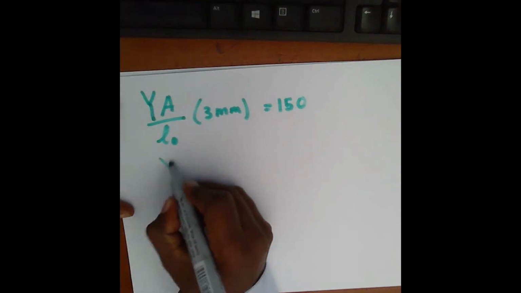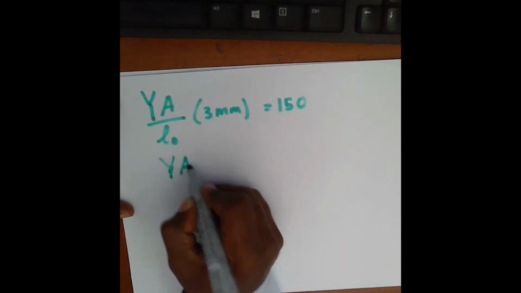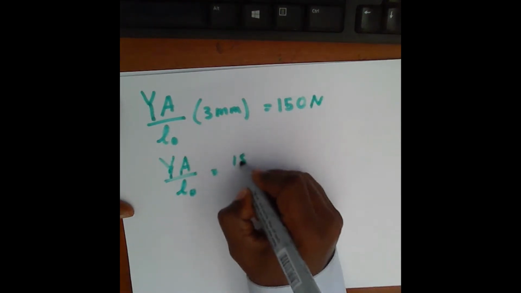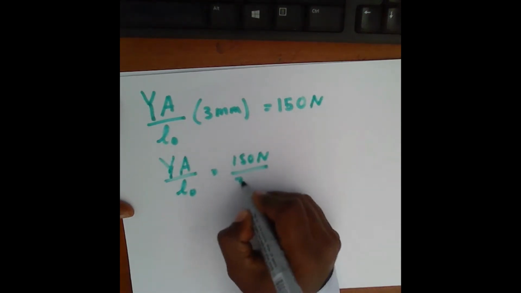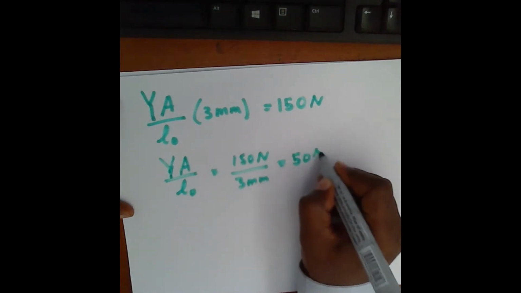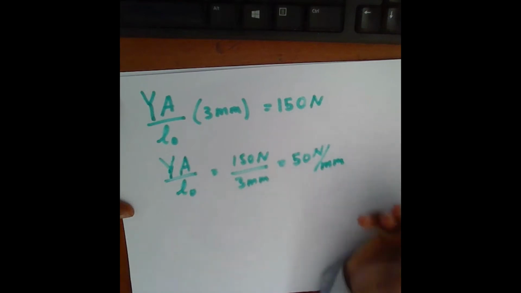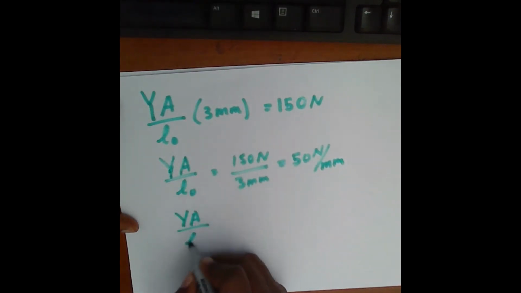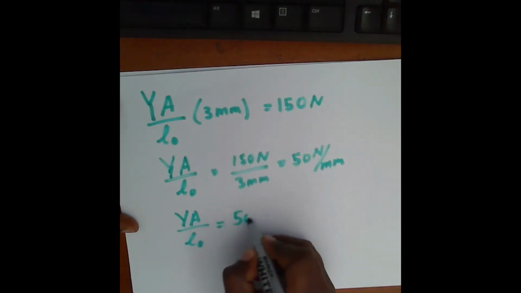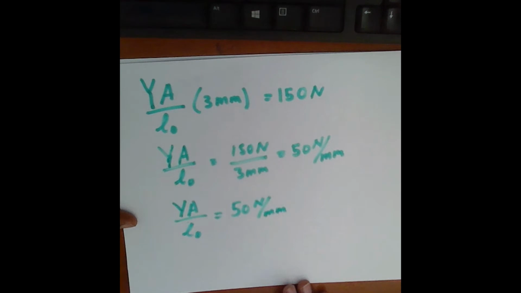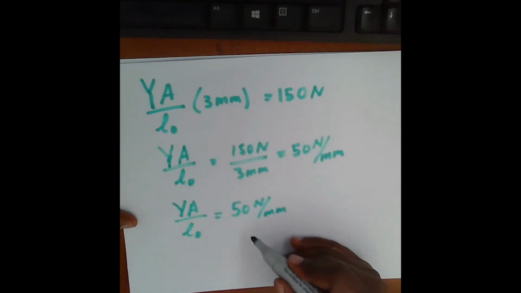So Y times the area over the original length is equal to 150 Newton divided by 3 millimeter, and this is equal to 50 Newton per millimeter. So this is the value of Y multiplied by the area over the original length, which is equal to 50 Newton per millimeter. Now we have got this result.